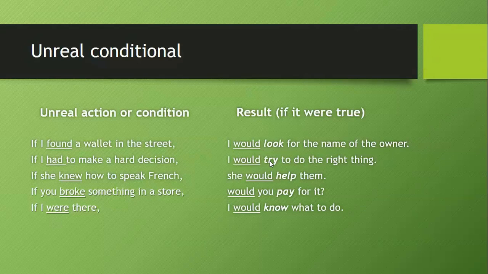But then we can do the question. For example, hey Ralph, we were in a soccer game, and then we were losing like 5-0. What would you do if you were there? We can change the statements. First the question and then the if clause.